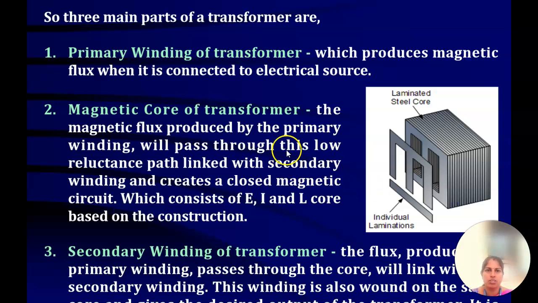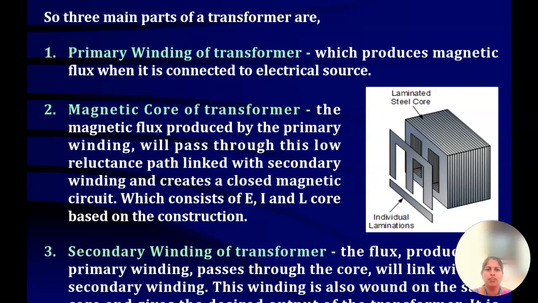The main constructional parts of a transformer are primary winding, magnetic core, and secondary winding. Primary winding produces magnetic flux when it is connected with the electrical source. If we supply any electrical source to the primary winding, it induces a flux. And the magnetic core acts as a path for the flow of flux.